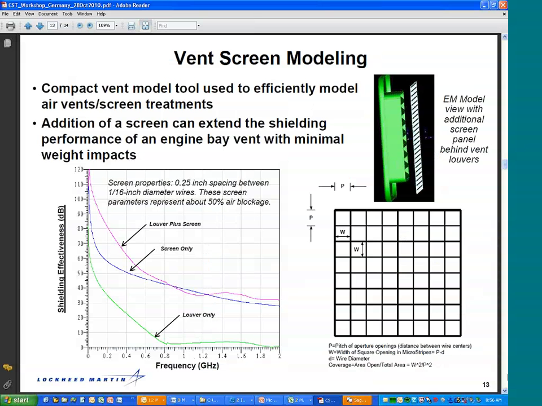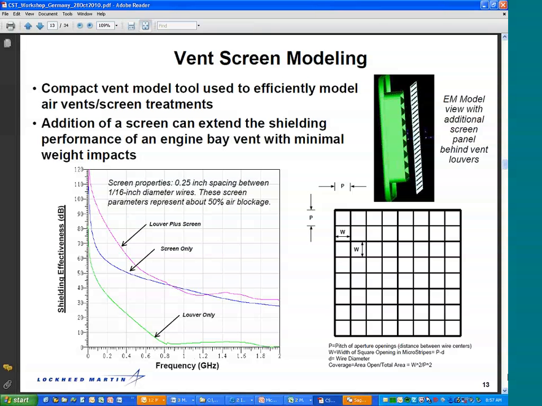Also, you can take the tools and, using compact models, develop a very efficient representation of screens. In this example, I had more of a louver, an air vent into a bay of a system. And you can see in this result that with just the louver, where the air can move in, I get a certain profile of shielding effectiveness in dB versus frequency.